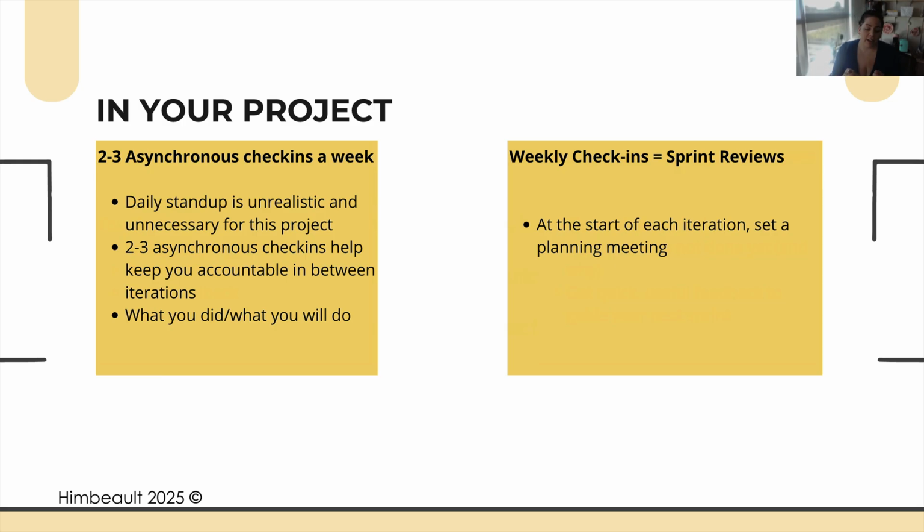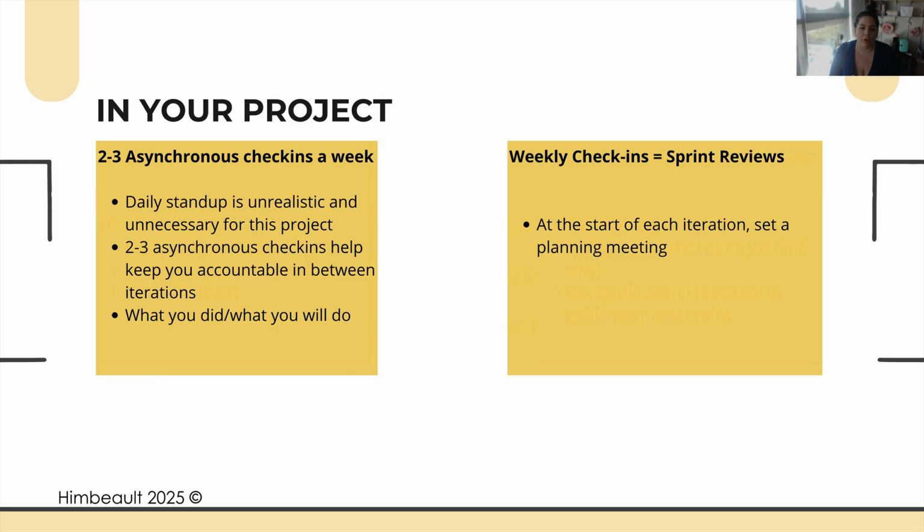You just have a quick check-in, and it's asynchronous, which means you don't actually have to all be in the same spot at the same time, but rather on Mondays, Wednesdays, and Fridays, you expect to get a text in that text chain from everybody. Each person does their own, saying what they finished, what they haven't finished, what's going on, what they're going to work on, stuff like that.